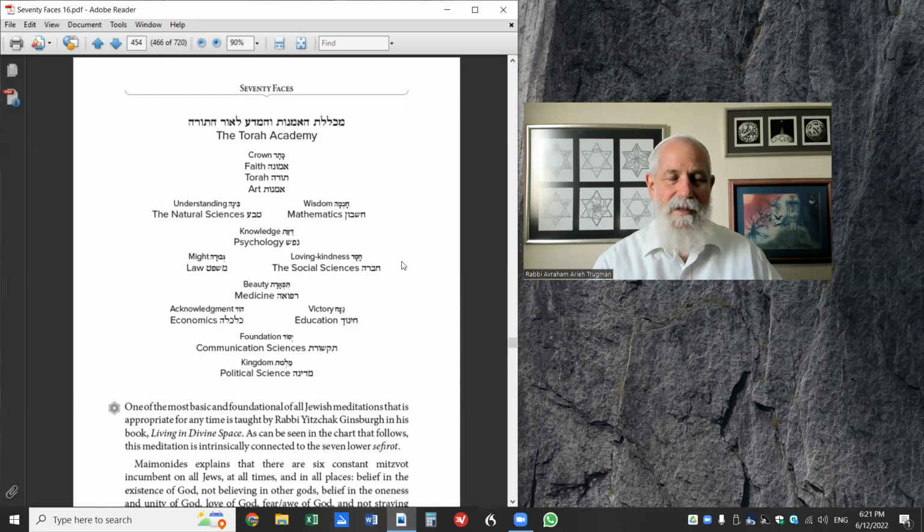This model is meant to be an organizing principle for a Torah Academy, for a university, a college, where all of these different subjects would be dealt with, combining the very best of secular knowledge and Torah wisdom at the same time.